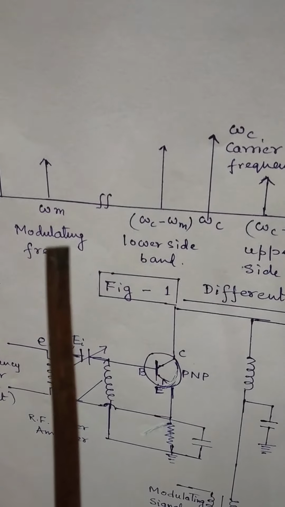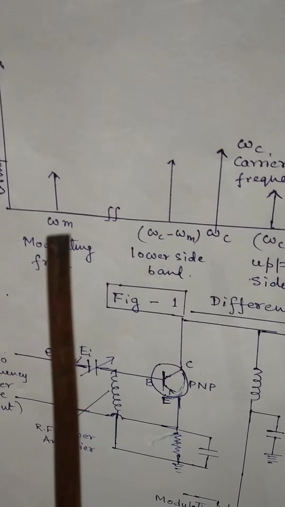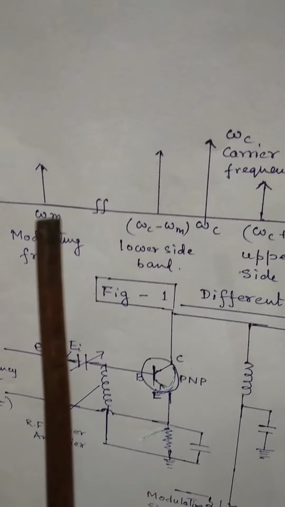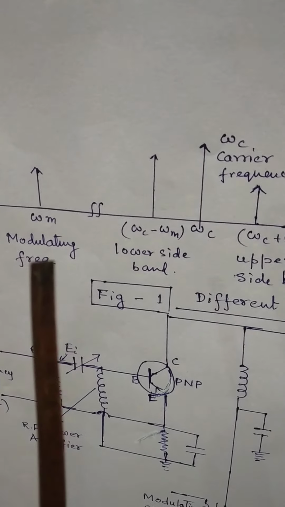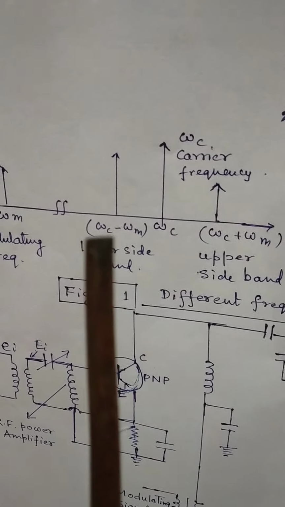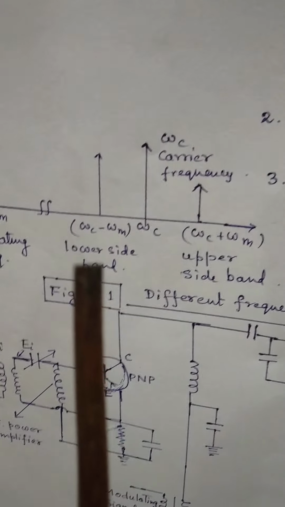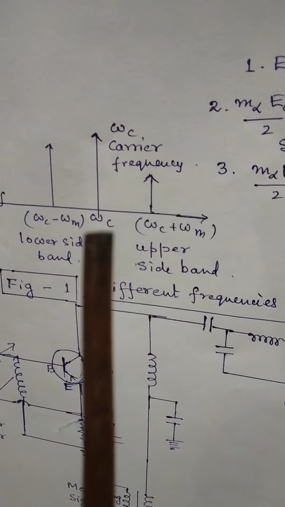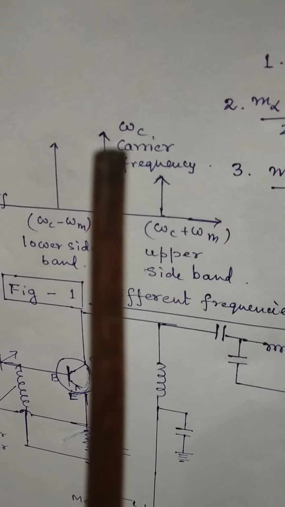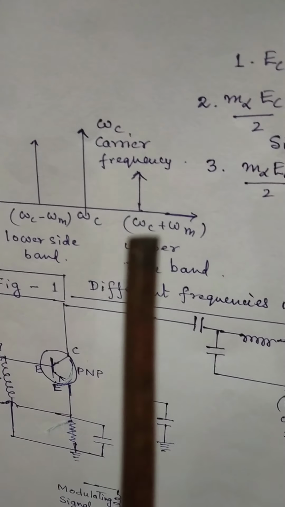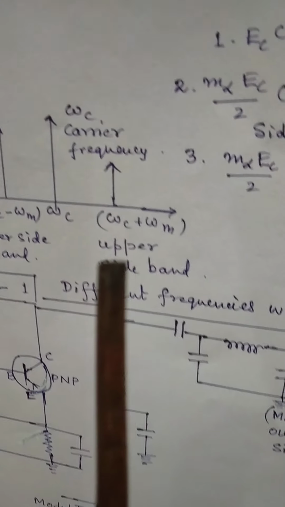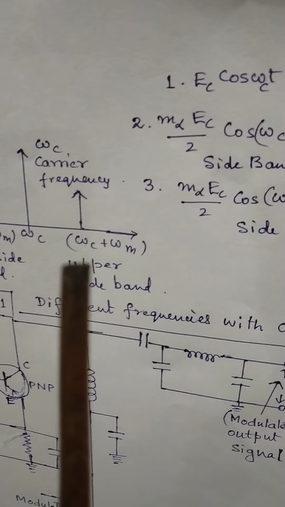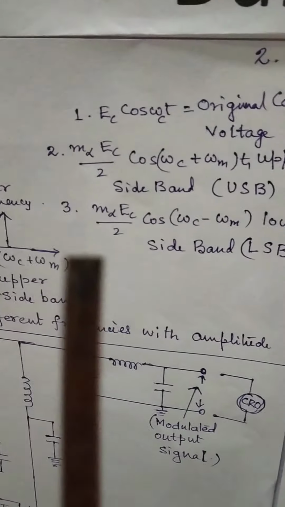The first one is the modulating frequency, ω_m. Second, the lower side band, that is ω_c − ω_m. This represents ω_c, the carrier frequency, and the last one, the upper side band frequency, is given by ω_c + ω_m.